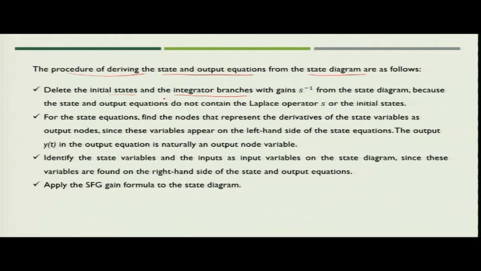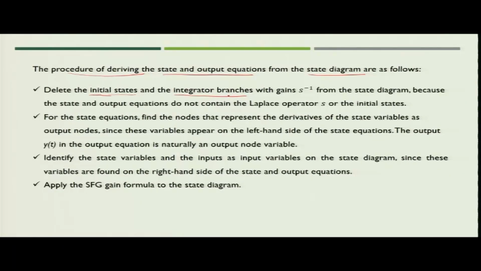So, when we derive the state and output equations from the state diagram, we first delete the initial states, that is, at time t equal to 0 or maybe any other time, say t naught. We will remove those initial states from the state diagram.